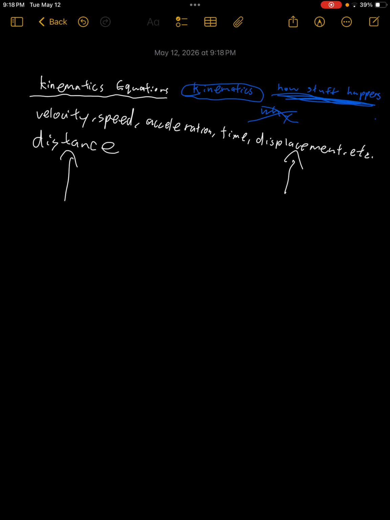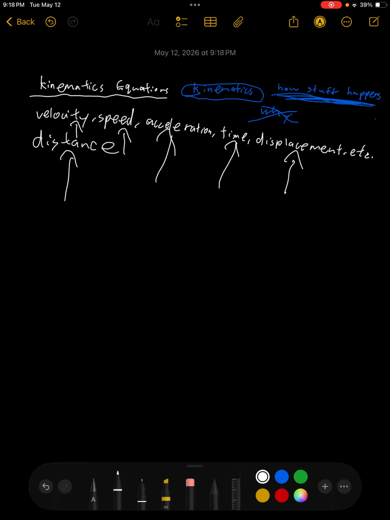Distance is the whole length covered. Time is how long it took. Acceleration is speeding up or slowing down, so basically the change in rate over time. Speed is like rate, how fast, and velocity is speed with direction. And velocity has vectors, and so does acceleration.